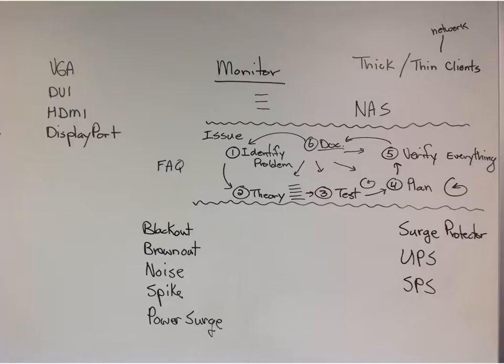Talked about the difference between blackout, brownout, noise, spike, power surge, and then talked about surge protector, uninterruptible power supply, and then an extra power source. We give the example of the ICN here on campus, Iowa Communications Network.